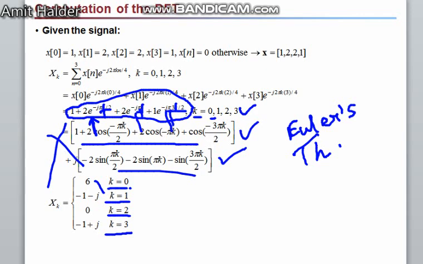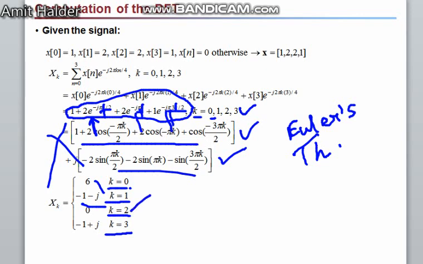Put the value of theta, that is pi by 2. You know cos 90 means 0, sin 90 means 1. Again, cos 180 degree is minus 1, sin 180 degree is 0. So calculate the total thing, you will find minus 1 minus j.